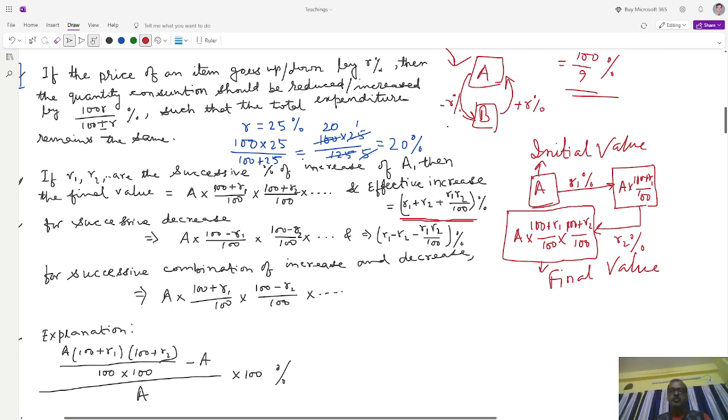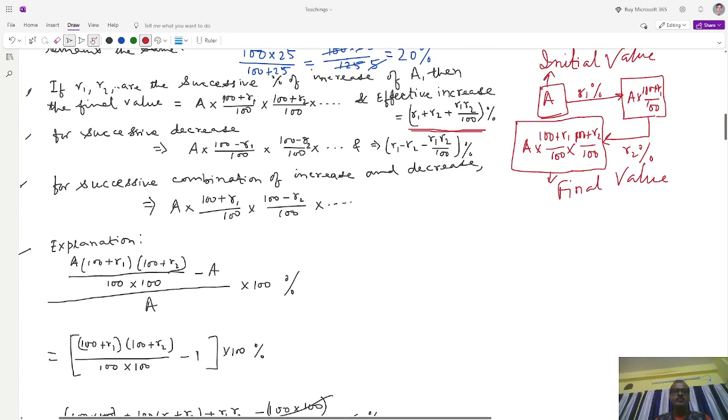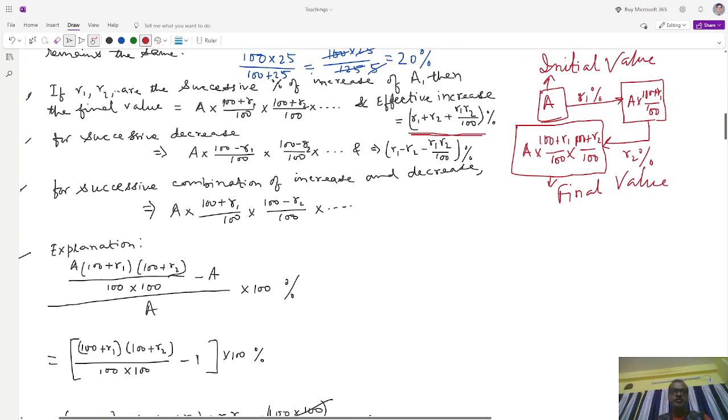Okay. How do we get this expression? Here is the explanation.